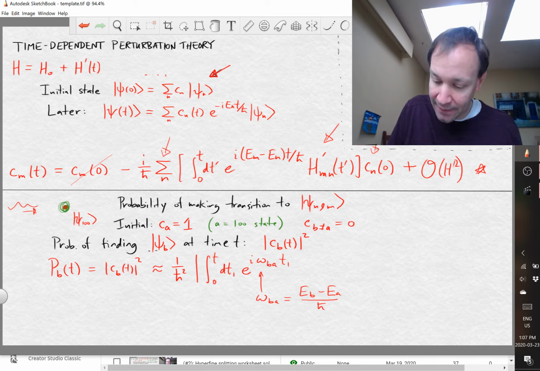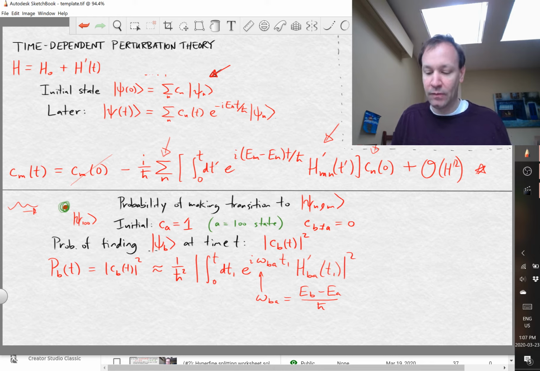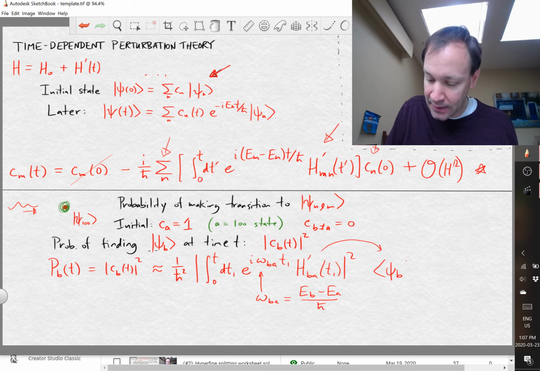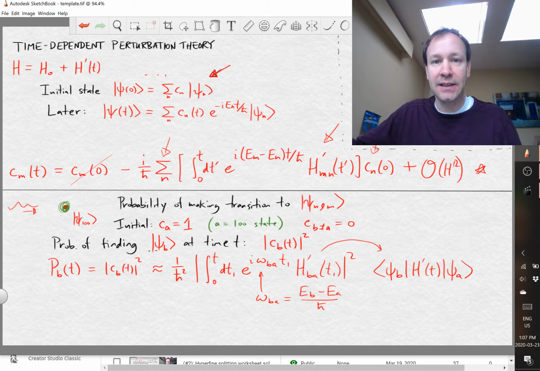And then we have that multiplied by the matrix element H prime BA, and that's it. And so actually to understand this transition probability, we only have to compute one matrix element. This guy right here is the matrix element of H prime of t between our states psi B that we're interested in as a possible final state, and our initial state psi A.